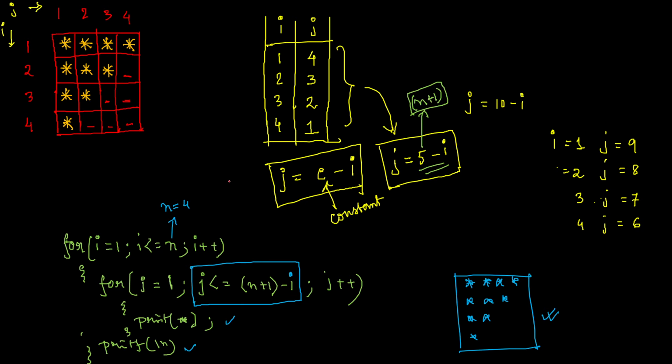Because I have written the program in such a way that in the second row, after printing these three stars, the loop will break and the cursor will come to the next line. So automatically this blank will be created, right? But this is not automatically possible for this pattern.